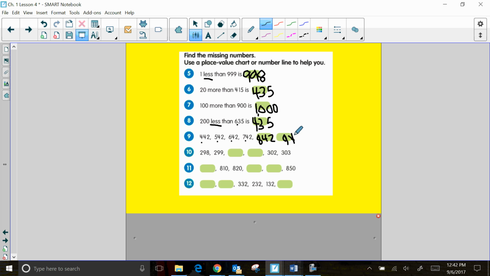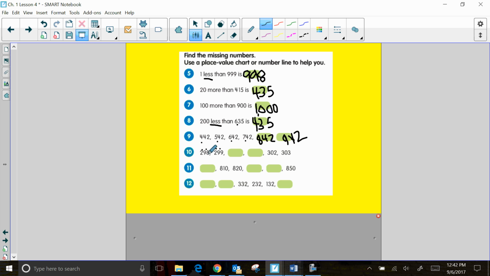That's a really bad 4. Oh, here's an easy one. Give our brains a break. 298, 299, blank, blank, 302, 303. Well, this tells me that my hundreds place is the same here and here, but not here.